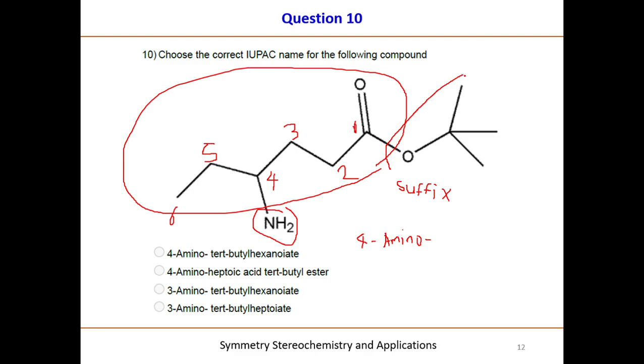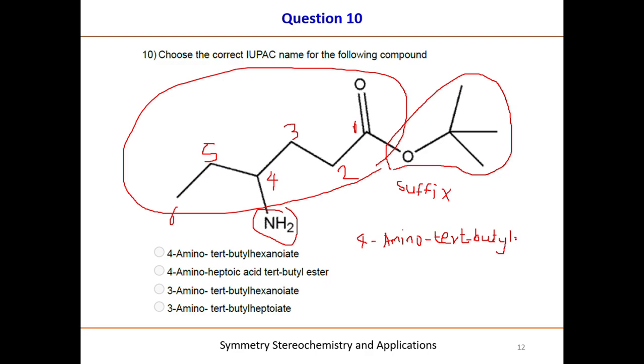This is the tert-butoxy group present on carbon number 1. So we will write here tert-butoxy, because it's also a prefix or substituent present on the parent chain. Tertiary butyl, because 4 carbons are there, that's why it's butyl. Now we have to write the parent chain name.